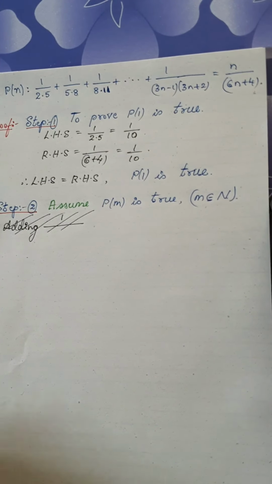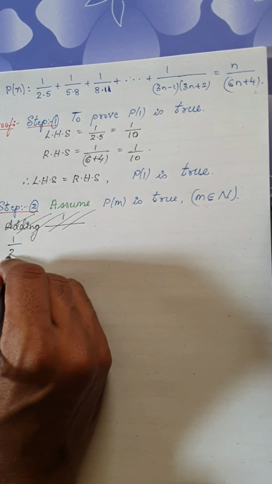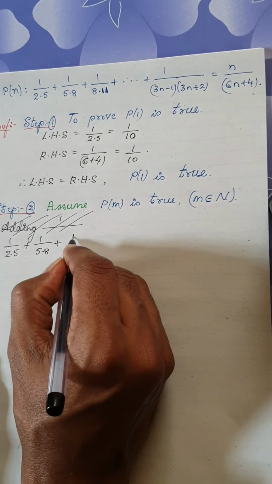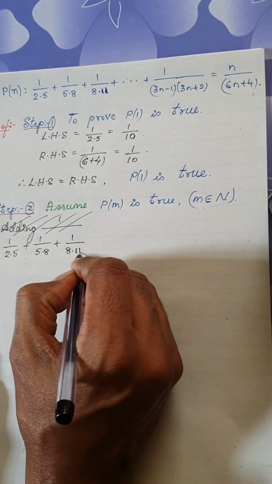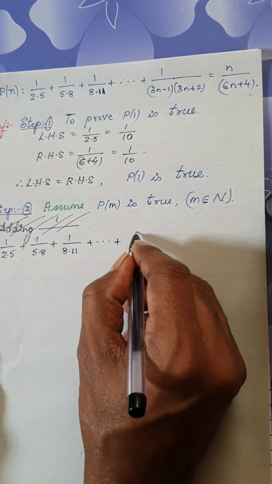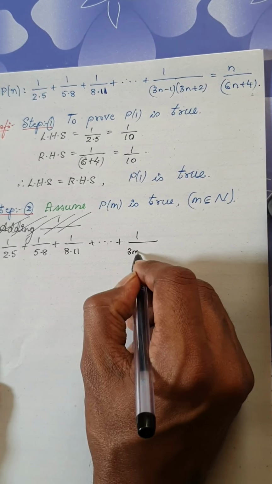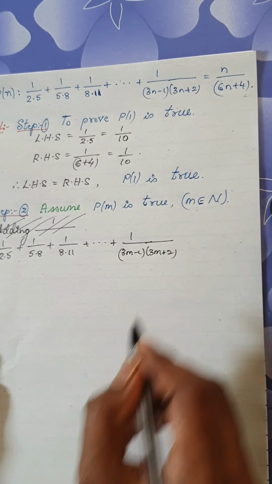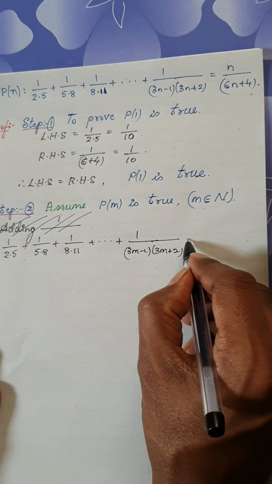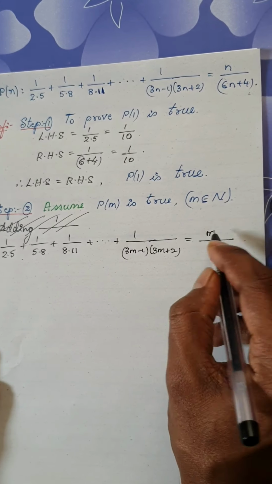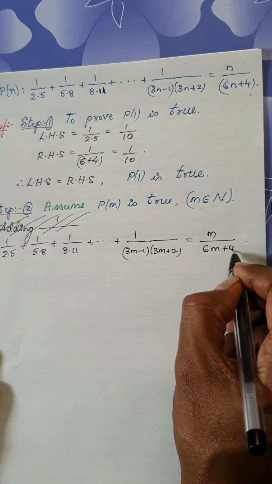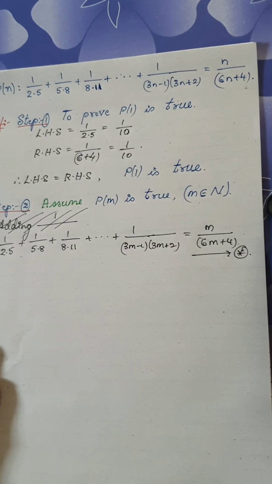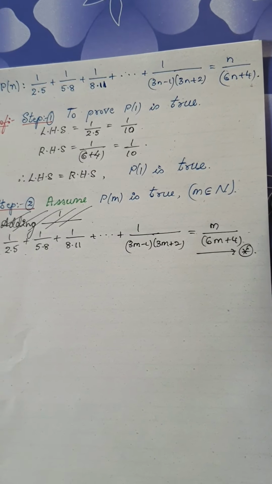So let me write 1 divided by 2 into 5 plus 1 divided by 5 into 8 plus 1 divided by 8 into 11, moving on, finally it is 1 divided by 3m minus 1 into 3m plus 2. Okay. So this is the last term in LHS. This is equal to m divided by 6m plus 4. Okay. So this will be my equation star. This has completed my step 2.